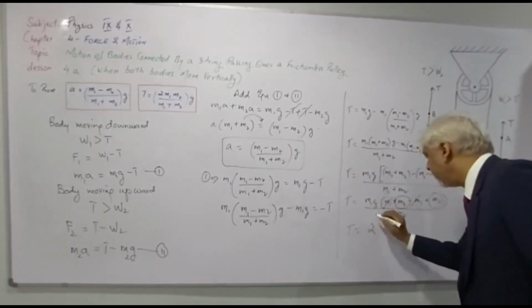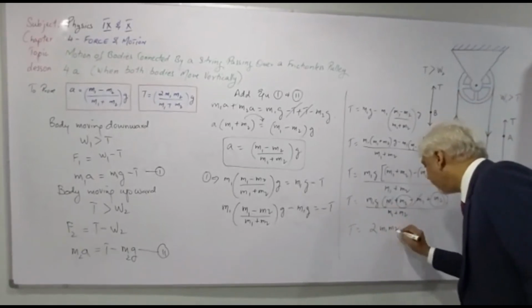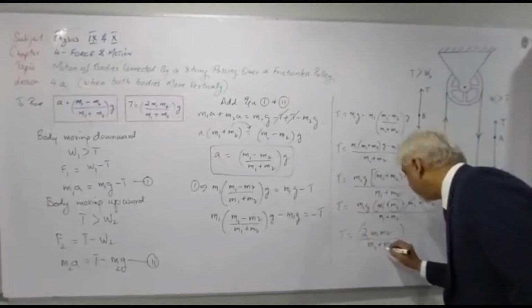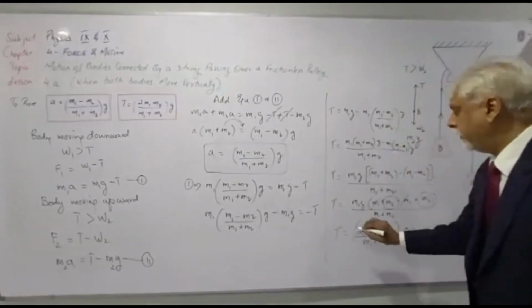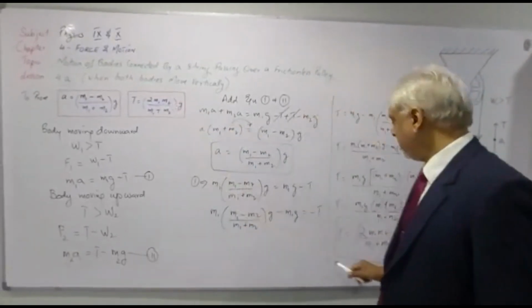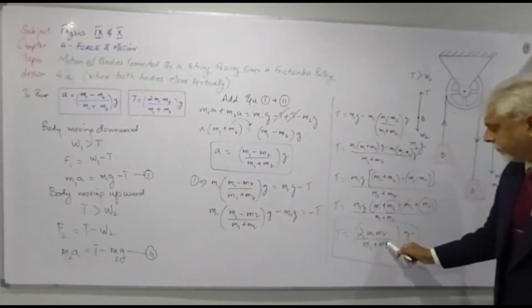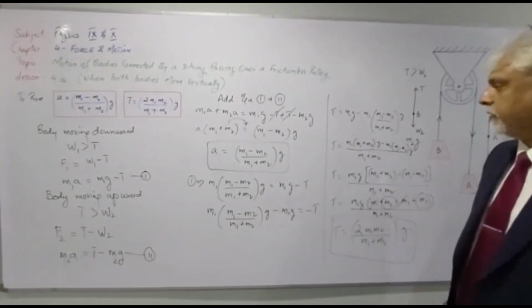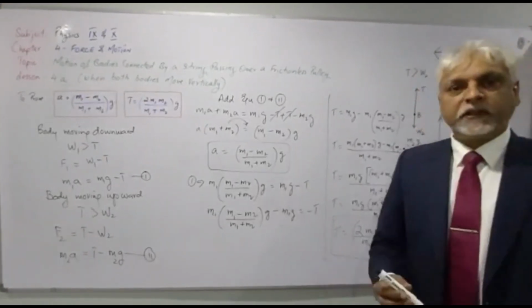So I have 2 m1 m2 over m1 plus m2, the whole times g. There you go. So we have just proved the tension equals 2 times the product of masses m1 m2 over the sum of masses m1 plus m2, times g. So I hope it is clear to you all.